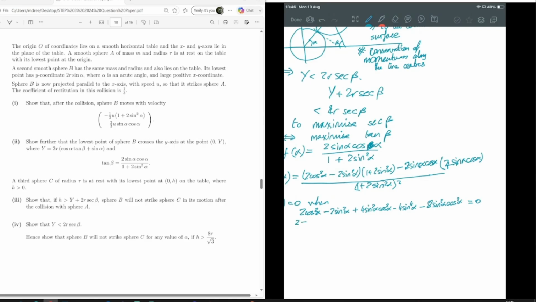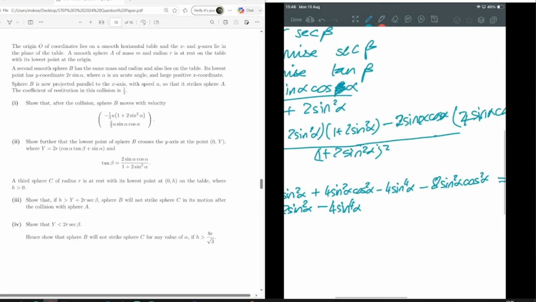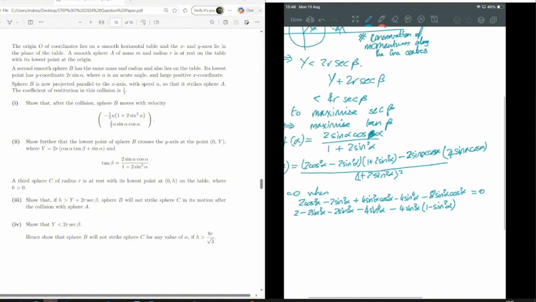So I'm going to turn everything into sines. 2 minus 2 sine squared. The reason I've chosen sines is because this term I really don't want to touch. Minus 4 sine to the 4. Then I've got minus 4 as those two come together, sine squared times 1 minus sine squared. Still equal to 0. And the 4 sine to the 4's cancel.